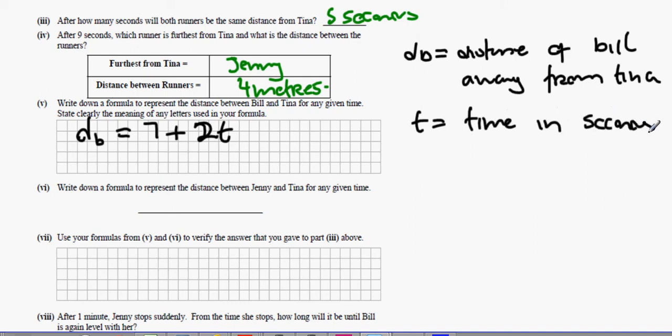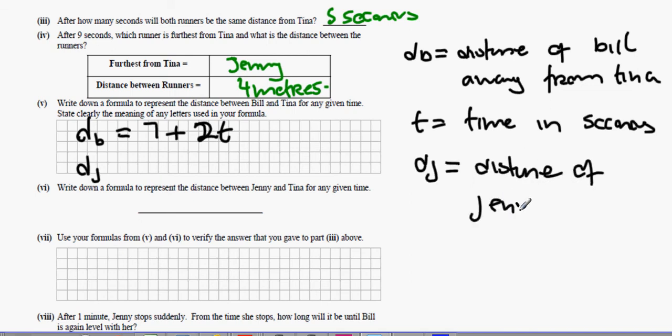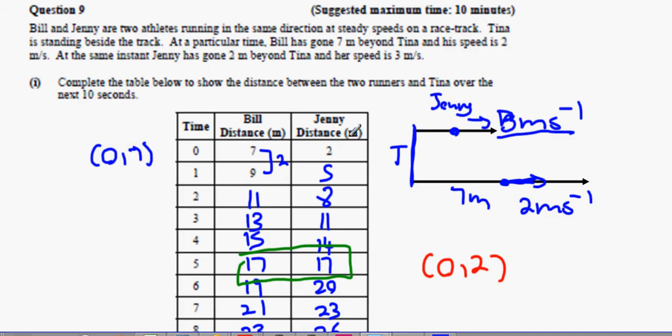Next one, dJ. So dJ is distance of Jenny from Tina. In Jenny's case, she has 2 meters at the beginning, and every second that passes she gets 3 meters further away.